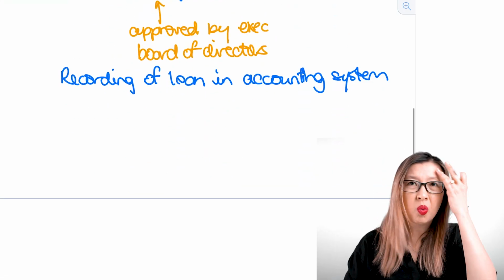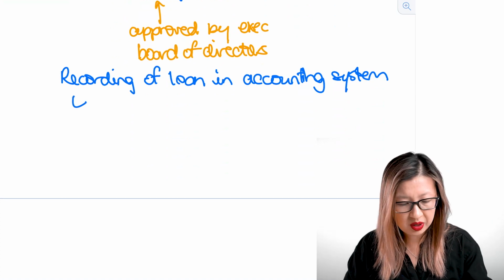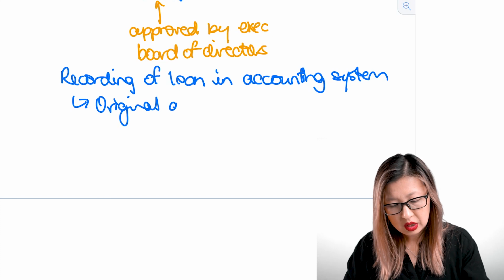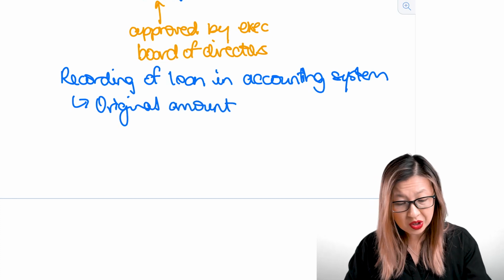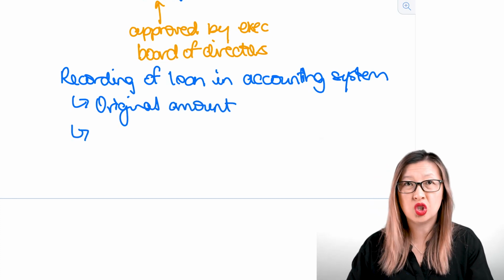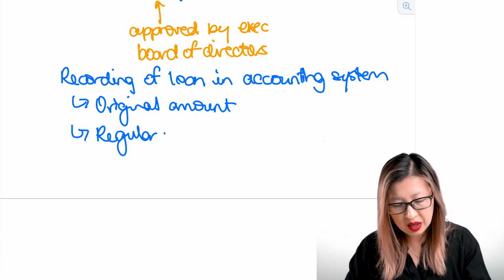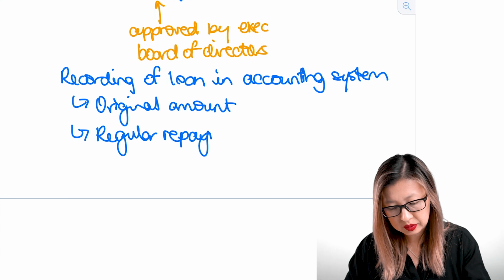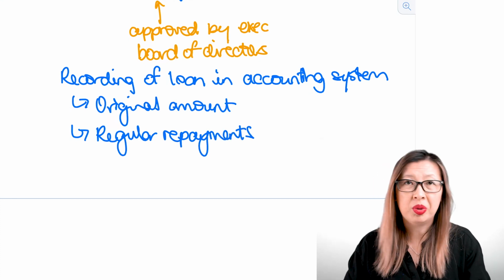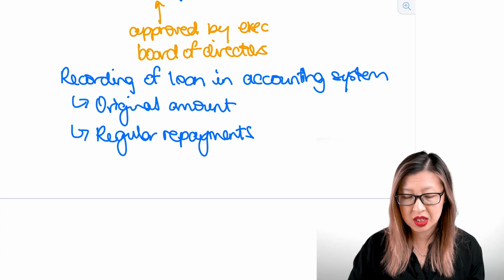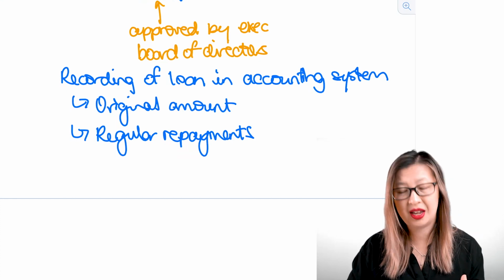So in terms of what needs to be recorded, obviously we need to have that original amount of that loan. We're also going to need to make sure that we have journal entries and processes set up for our regular repayments. That might be done automatically as automatic journal entries when bank transfers are made. Is there EFT set up?